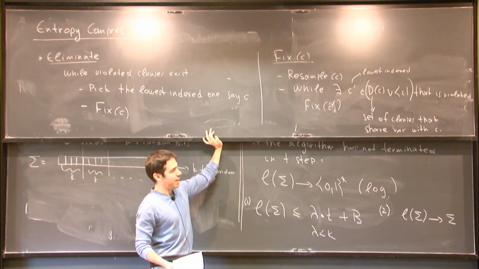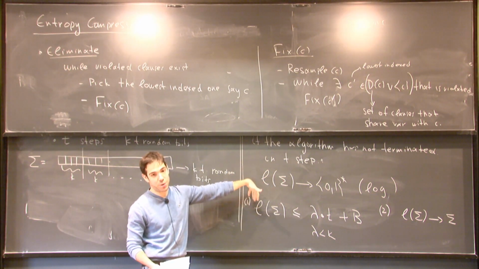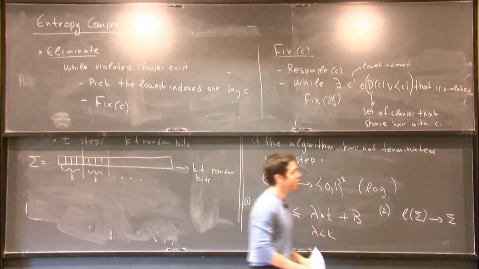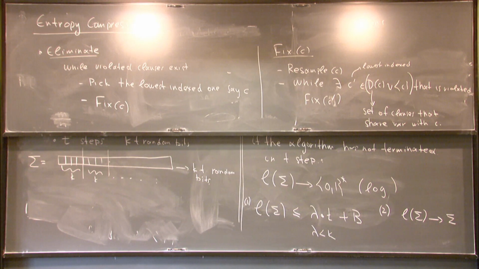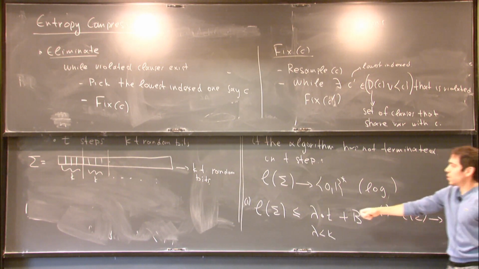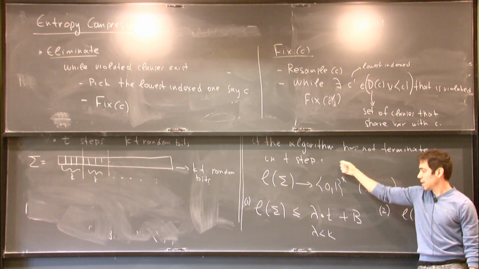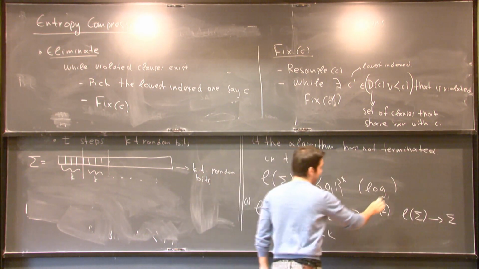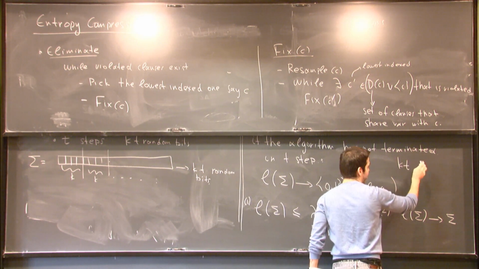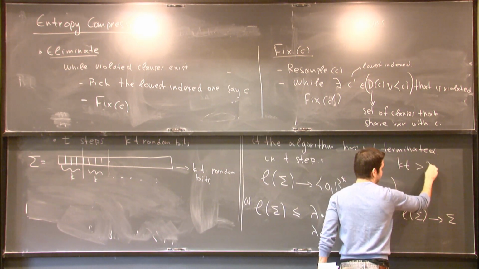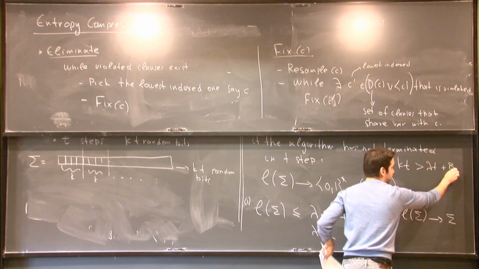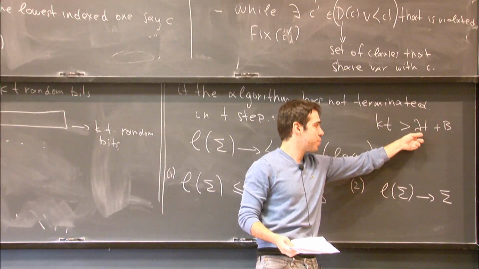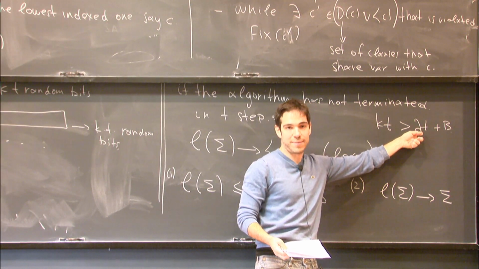So what's the problem if I manage to show this? Remember here lambda is less than k. At some point, when t grows, the length of sigma, kt, will be more than lambda t plus beta, because this string grows with some factor less than k.